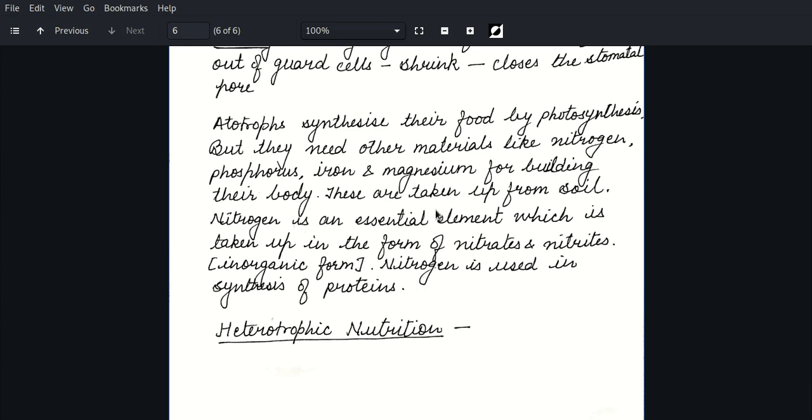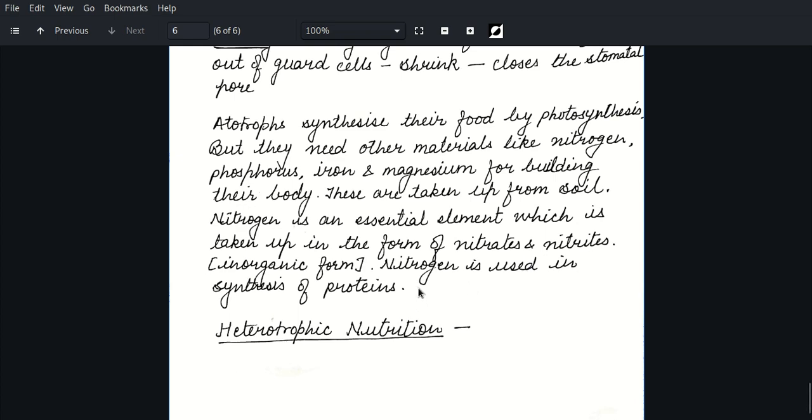When roots absorb water, these materials are taken up in dissolved form through water. Nitrogen is an essential element which is taken up in the form of inorganic nitrates and nitrites. Why is nitrogen important? Because nitrogen is responsible for synthesis of protein. These inorganic nitrates and nitrites are taken by all the plants.